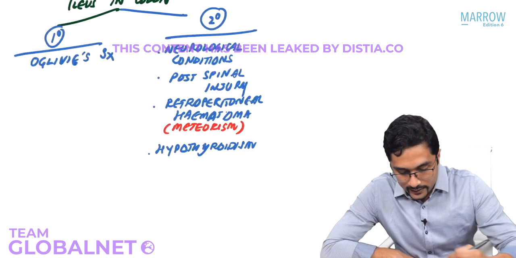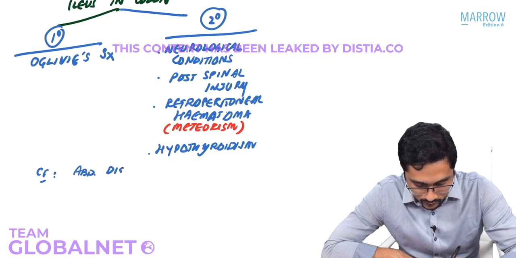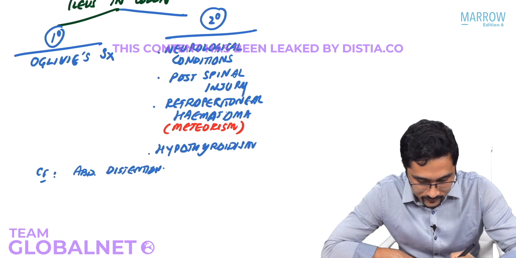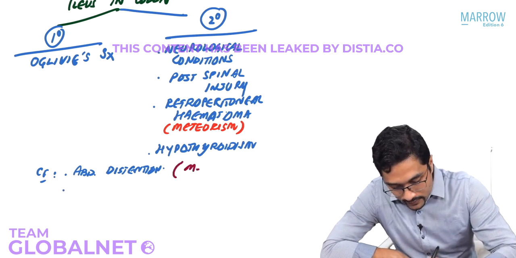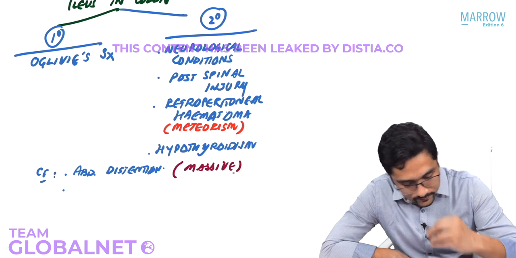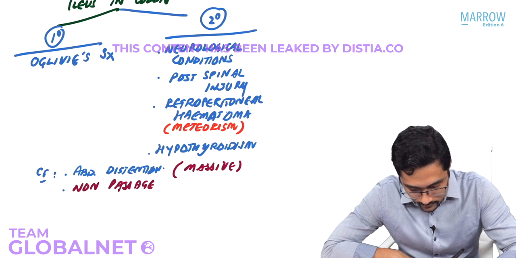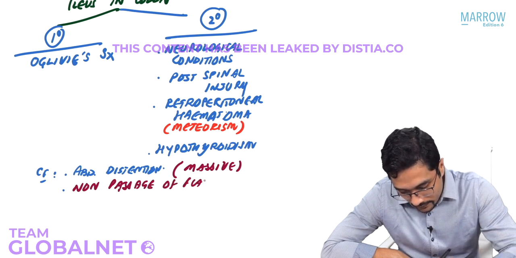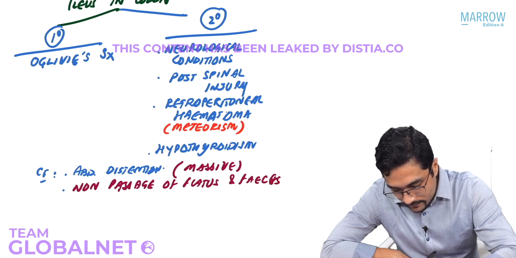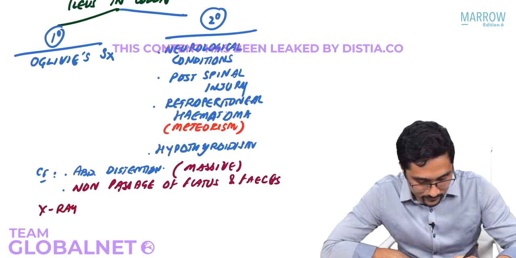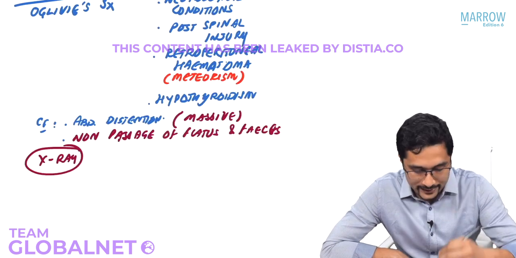Now the clinical features again are going to be abdominal distension. In colonic obstruction, massive abdominal distension is going to be there, and there is going to be non-passage of flatus and feces. Now if we do an X-ray, we know that the colon is getting distended.